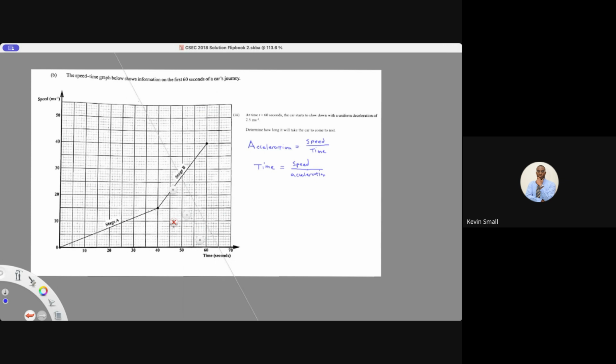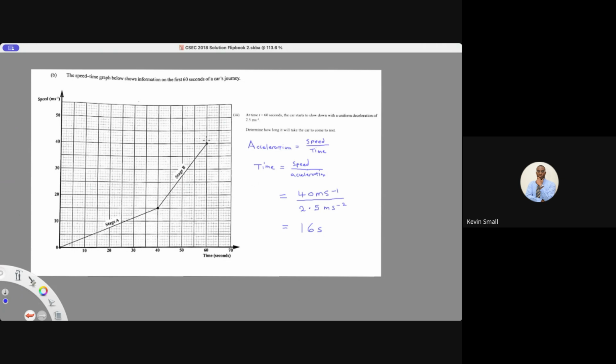So if your speed was 40 meters per second at that point in time, and you are decelerating at a rate of 2.5 meters per second squared, then eventually the car will slow down to rest in 16 seconds. Okay, so that is that question.